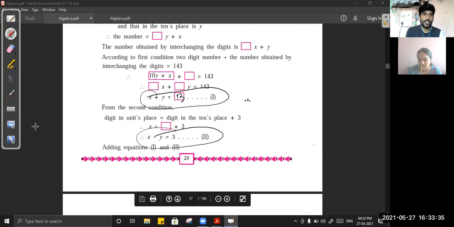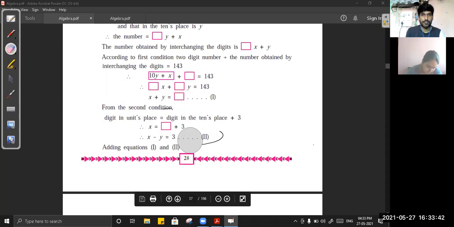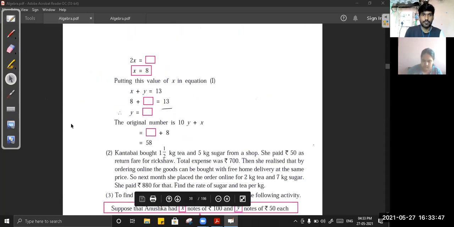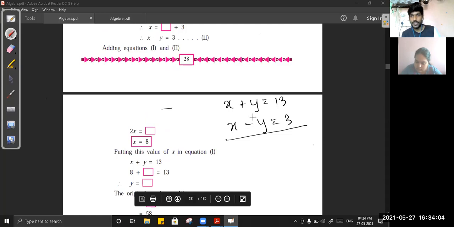Let's see next what is done in these equations. It's written here, adding equation 1 and 2. So let's see what you get. First is x plus y is equal to 13. Second is x minus y is equal to 3. So adding, what will happen? Plus y and minus y cancel, correct?